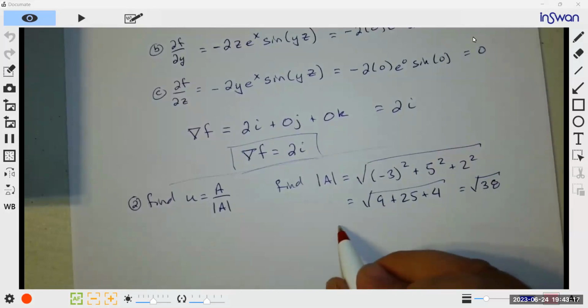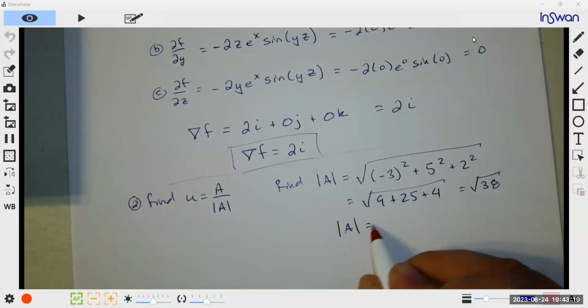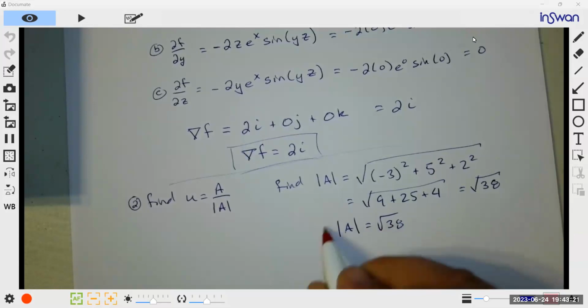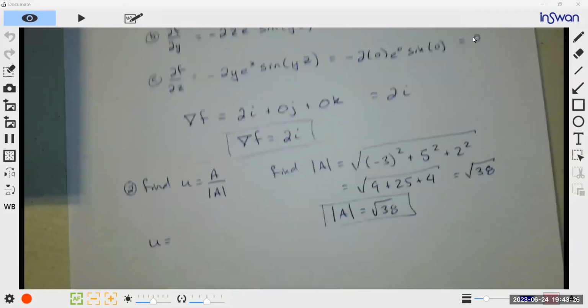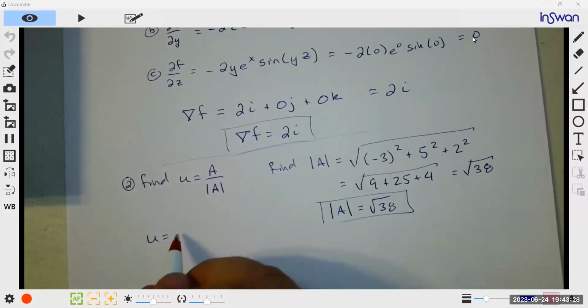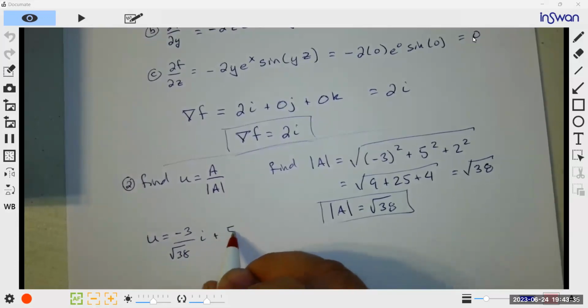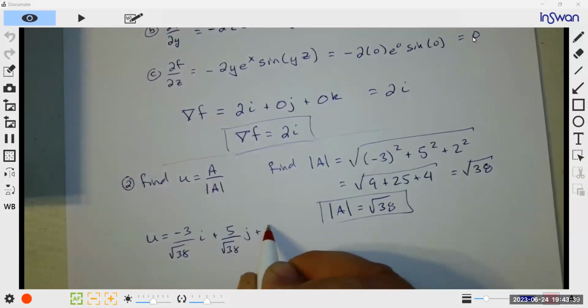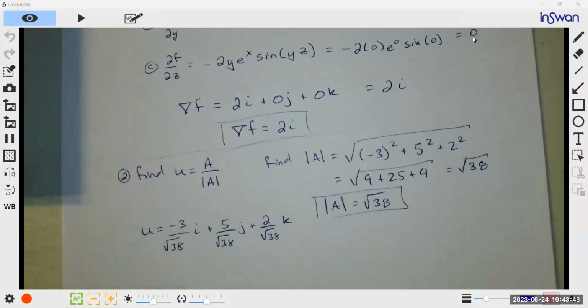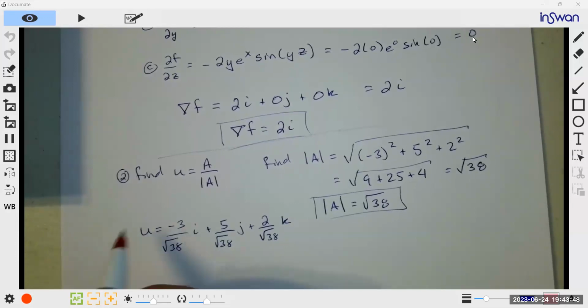So the magnitude of a is the square root of 38. So u becomes -3 over radical 38 i plus 5 over radical 38 j plus 2 over radical 38 k. So now we have u.